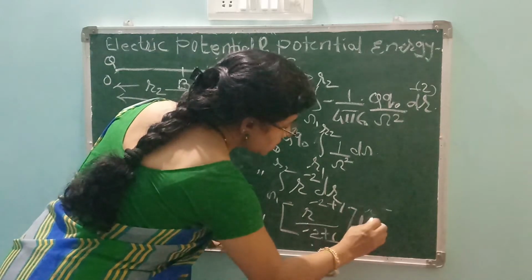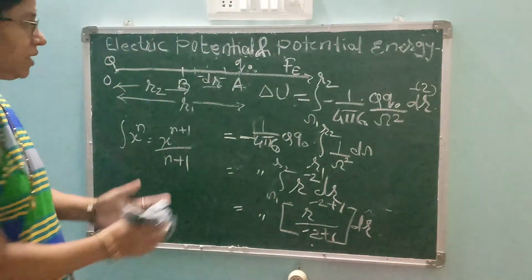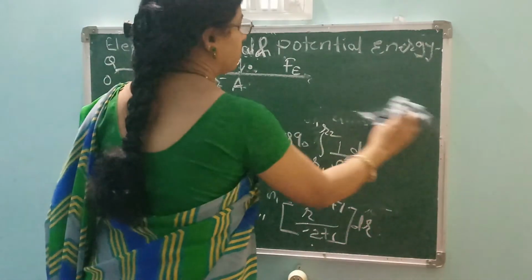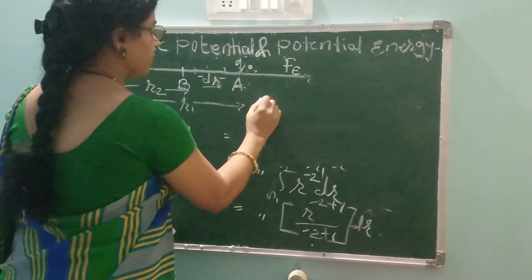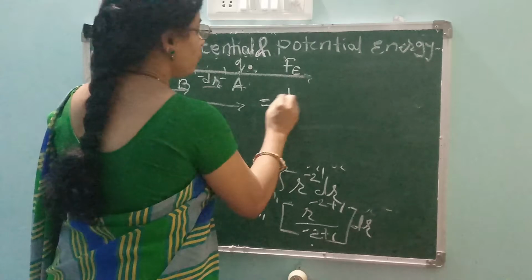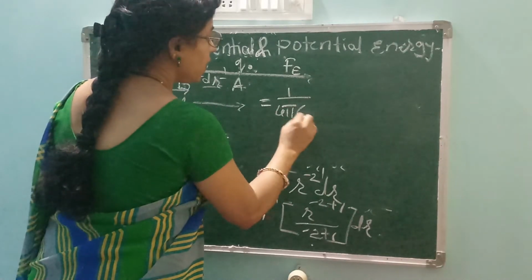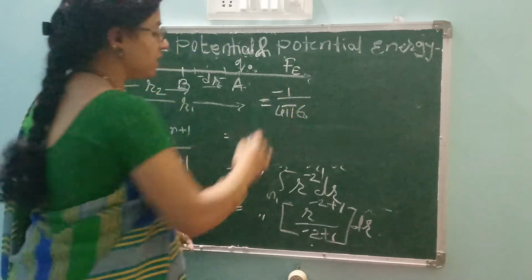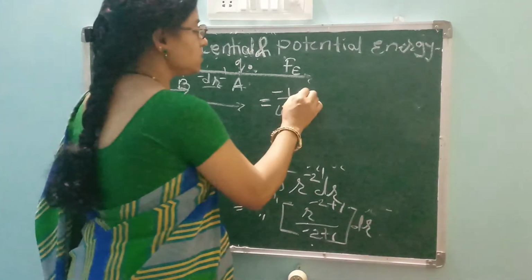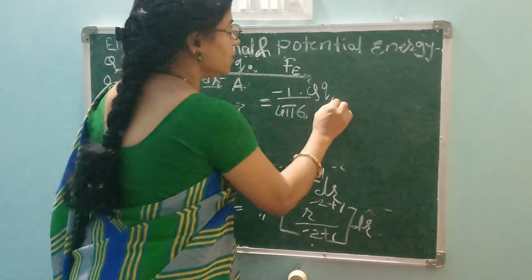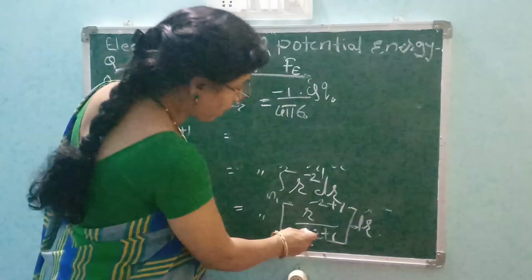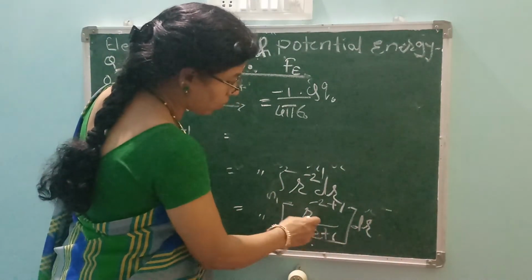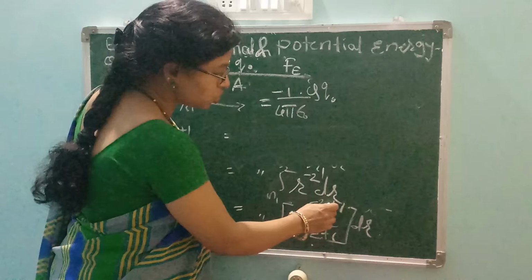Okay, that is the dr. Getting? अब what is the constant term? 1 upon 4 pi epsilon 0, minus it is present here. Next what is the constant? Capital Q and the Q0. अब हमारे पास में यहाँ क्या है, r, यहाँ -2 plus 1 और ऊपर में पावर में -2 plus 1.